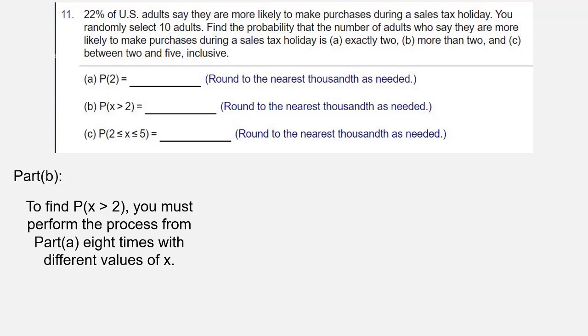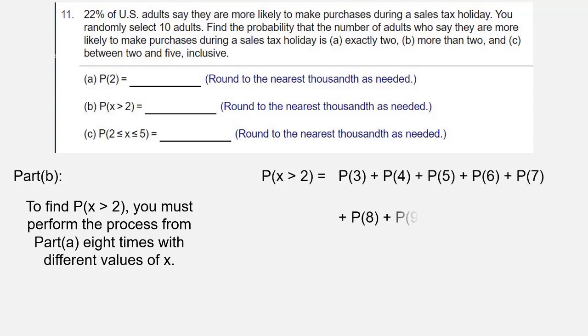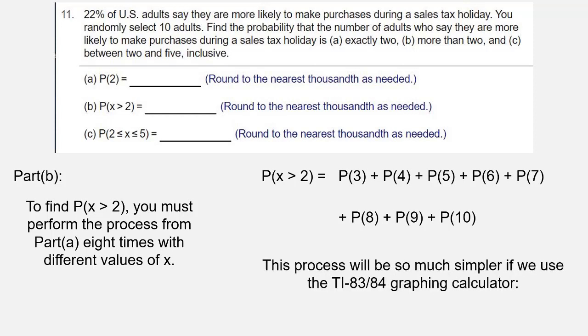So we'd have to do 8 separate part A's basically. If we use the calculator, it becomes much simpler. We would have to add the probability of 3 plus the probability of 4 plus the probability of 5 all the way up to the probability of 10. So much easier if we use the calculator.